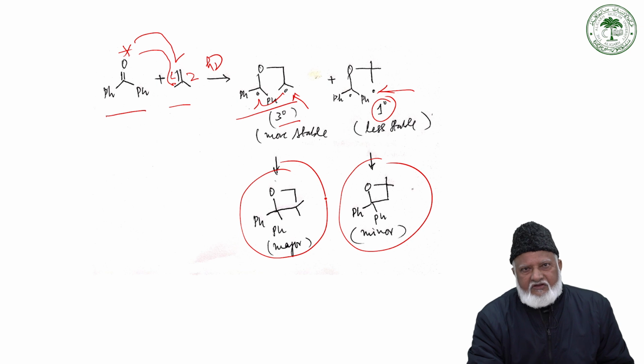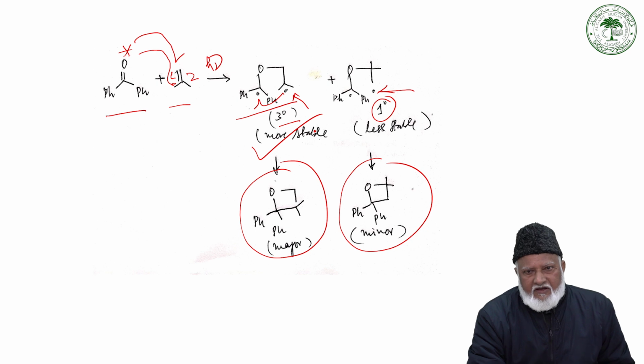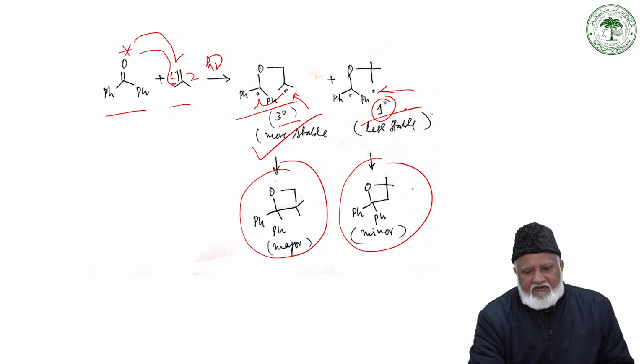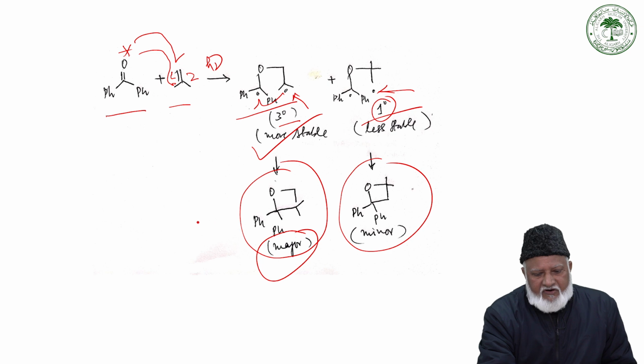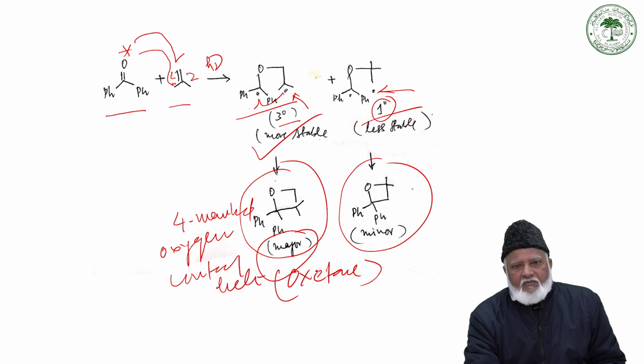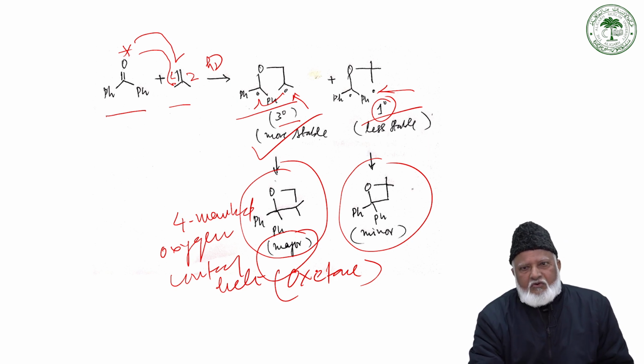So this reaction is selective in the sense that the more stable radical is formed preferentially compared to the less stable radical, and hence this more stable radical leads to the formation of a 4-membered oxygen-containing heterocycle, known as oxetane. So oxetane ring formation takes place in this type of reaction, which we refer to as the Paterno-Büchi reaction.